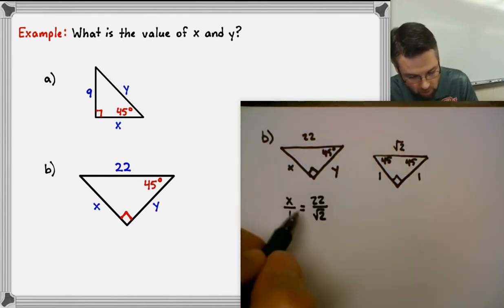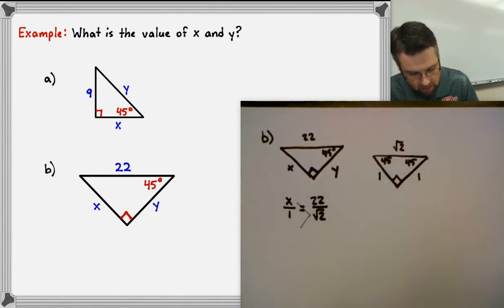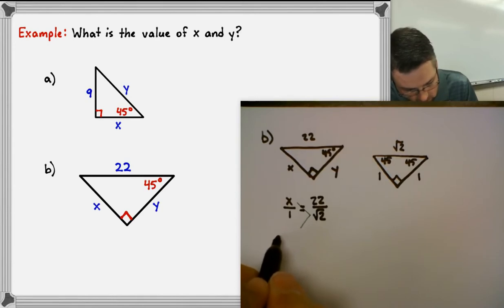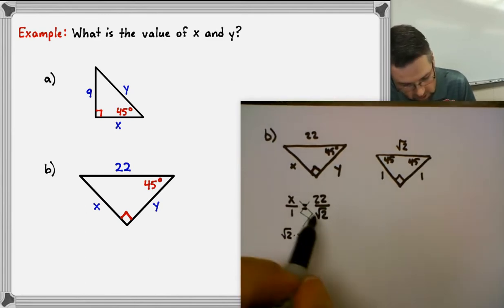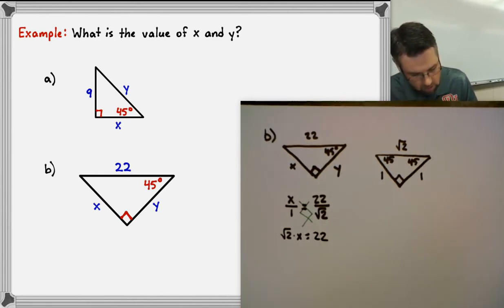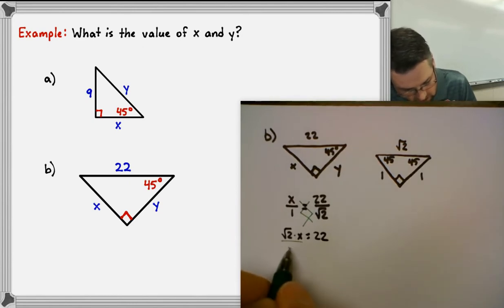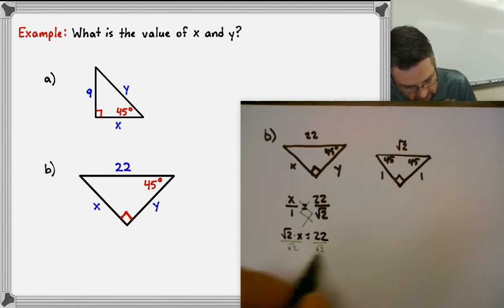From here, we cross multiply, so we end up with rad 2 times x equals 22 times 1, which is just 22. And then we divide by radical 2 to get x by itself.